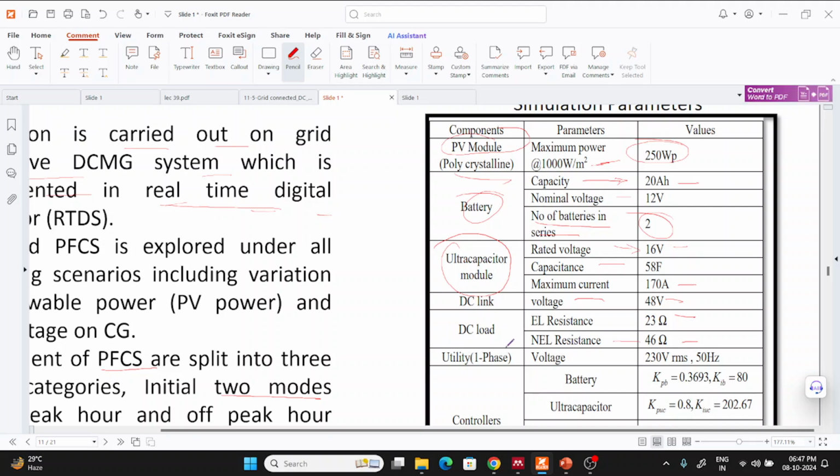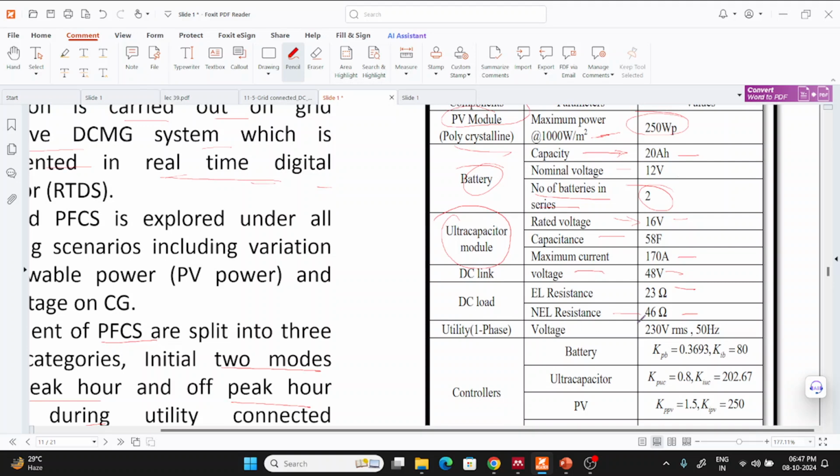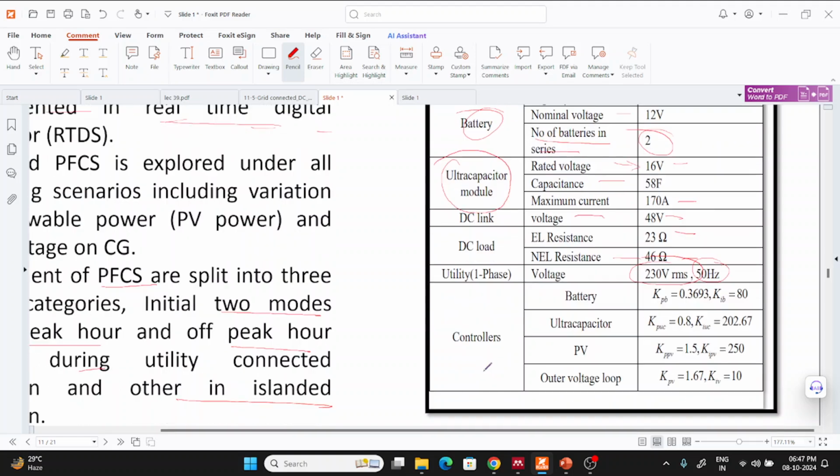Then the utility, which is the grid, which is single phase. It has an RMS voltage of 230 with a 50 hertz frequency. Okay, and the controllers attached to the battery for controlling the voltages. For the battery, we have taken the proportional constant value 0.3693, then Ki, the integral constant, which is 80.